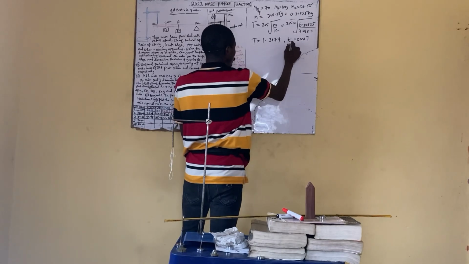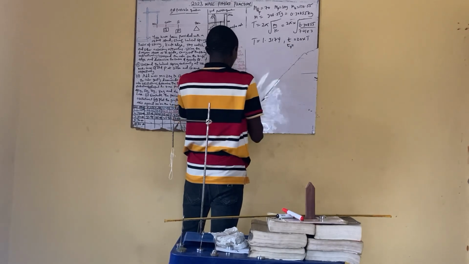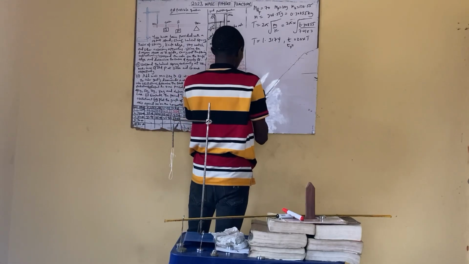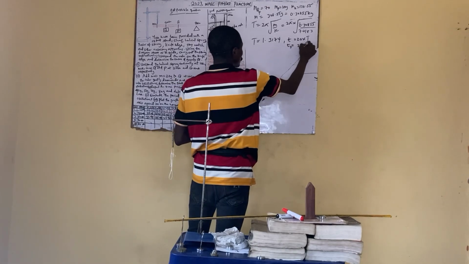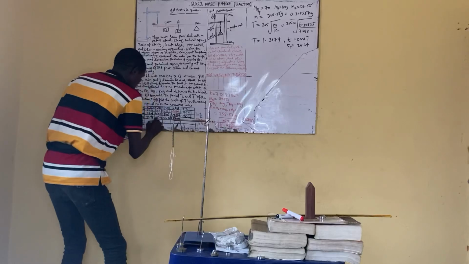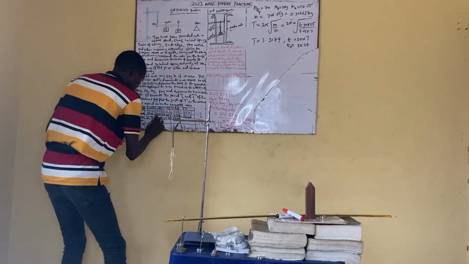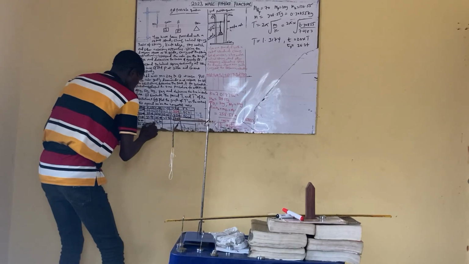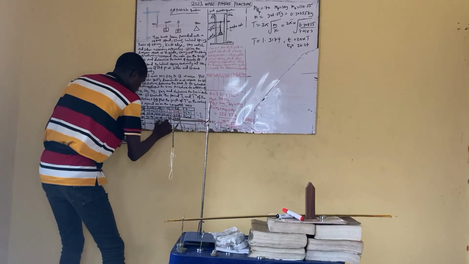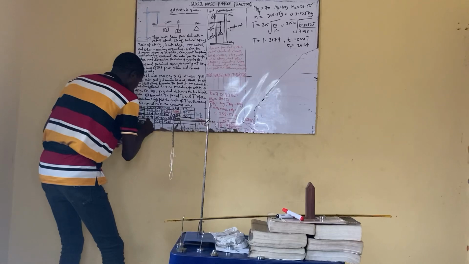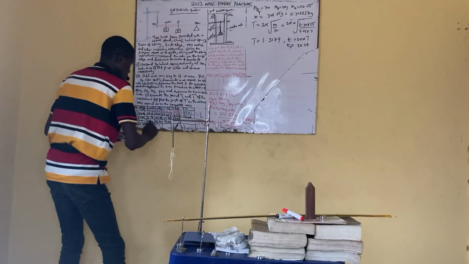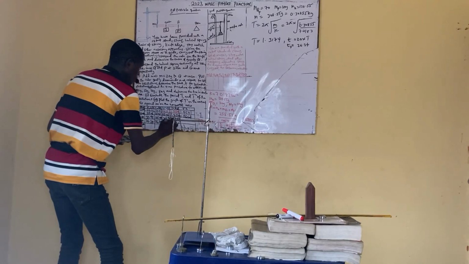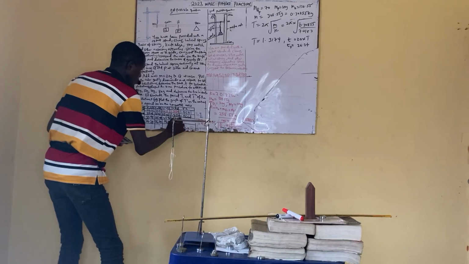So multiply this by 20 to get your T4. So times 20, this is 26.34. You know we are using 70, so everything is 26.34 here. So this one is 1.3174.